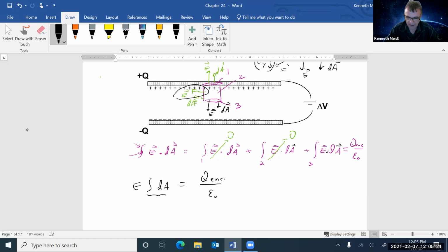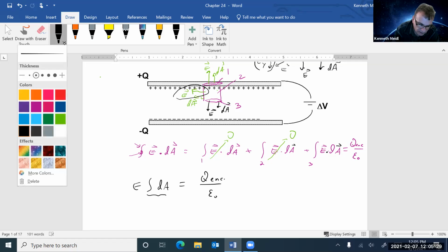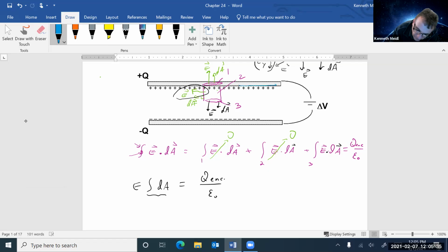Now think about this. You may draw your Gaussian differently than I drew mine. You might have drawn it, let me get a different color here. Somebody might draw this thing much bigger, and your little cylinder might look like that. And when you do that, what you've got is a bigger area, but you've got more charge in there, right?